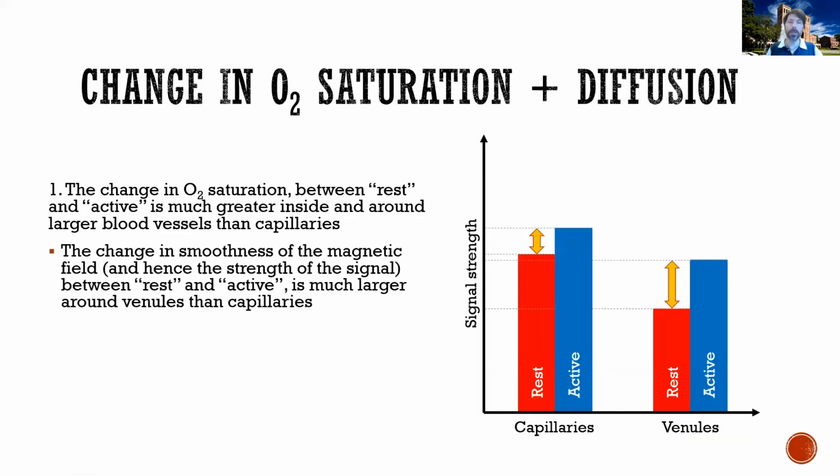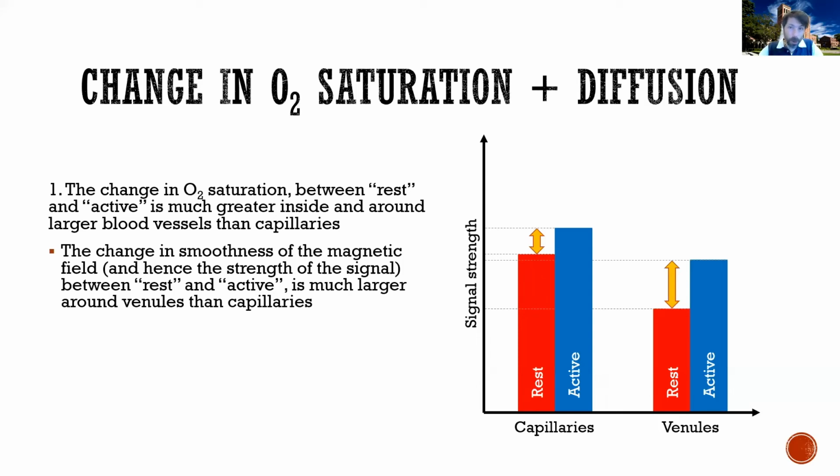Let me show this in terms of this graph. So we were here. At rest, we said this is the strength of the signal. Let's add diffusion to it now. Remember, diffusion almost makes the magnetic field a little smoother, because protons experience multiple magnetic fields, and so they go a little bit more together.